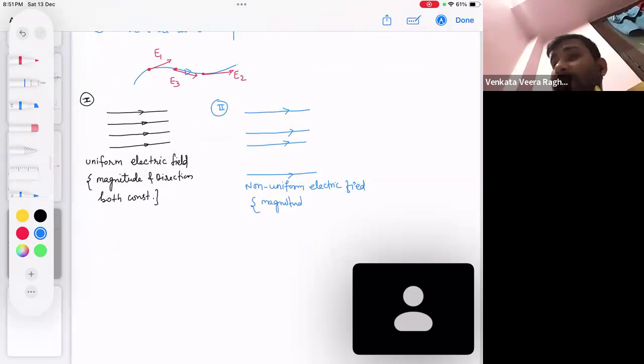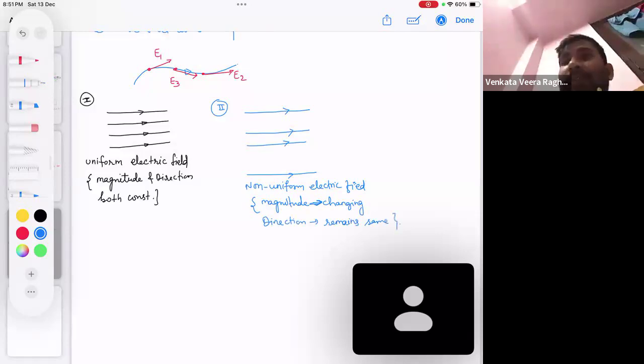Please tell me why it became non-uniform. Because its magnitude is changing, है ना? But what about the direction? Direction remains the same. Understood? See, na, direction is always horizontal, always along the x-axis.